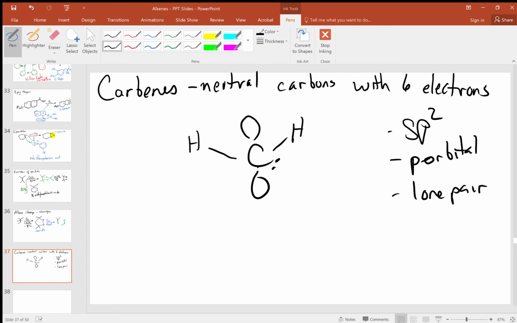But carbon, we know, wants 8 electrons, we know it wants 4 bonds. These are extremely reactive, and often they're actually too reactive. So for the reaction we're going to look at here, we're going to look at what we call carbenoids. And carbenoids are species that basically have the same behavior as carbenes, but they're a little more controllable.